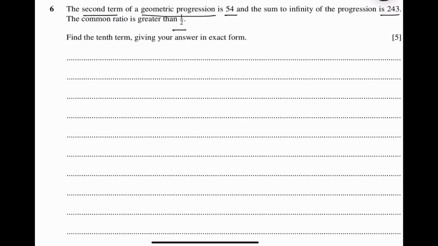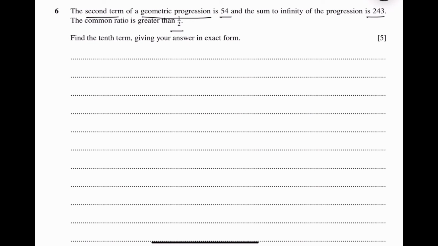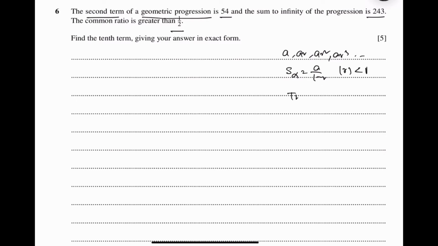So the basic formula: the general case is a, ar, ar square, ar cube. You should go in that way. And then sum to infinity is a by 1 minus r when modulus of r is less than 1. The nth term Tn equals a r to the power n minus 1.